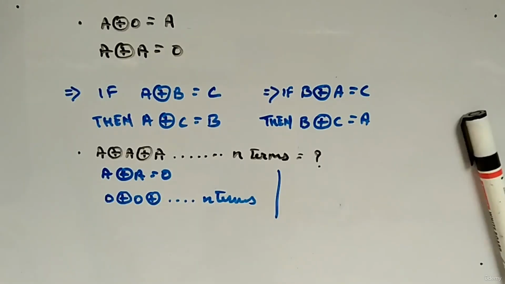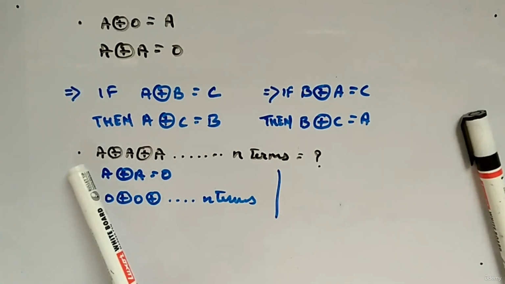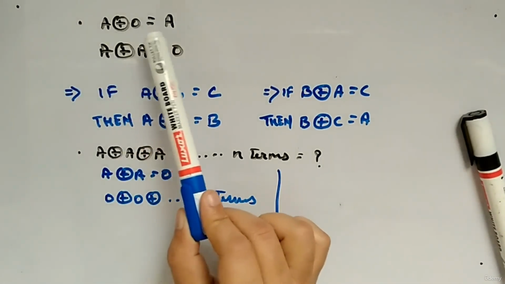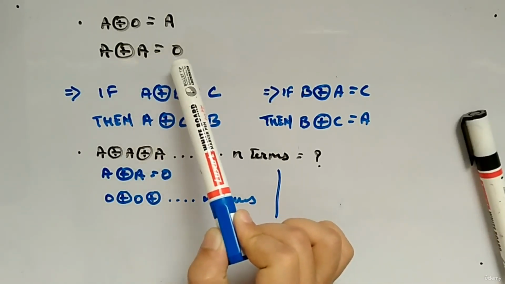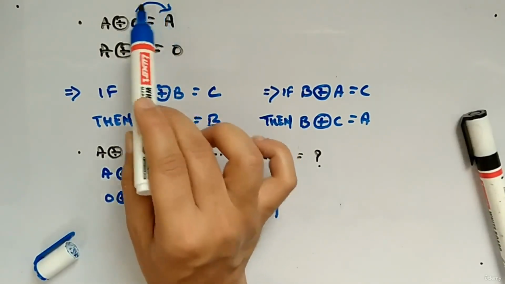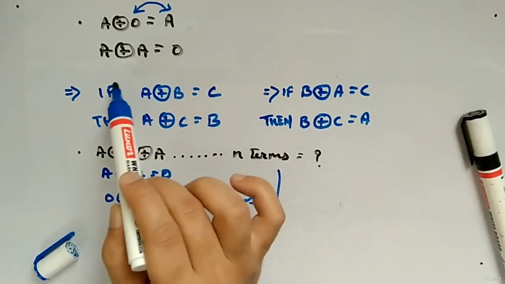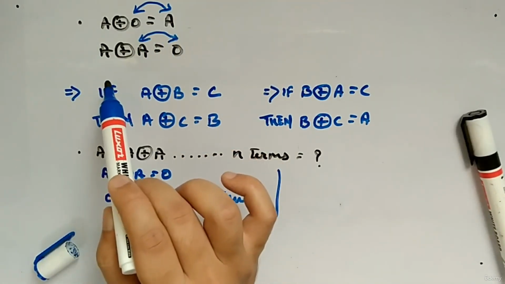So let's look at some more properties. This one is one and this is another one. A XOR 0 is, we know, A, and A XOR A we know is 0. So can we say that if I replace these two terms, I will get this? So we can replace these two terms.